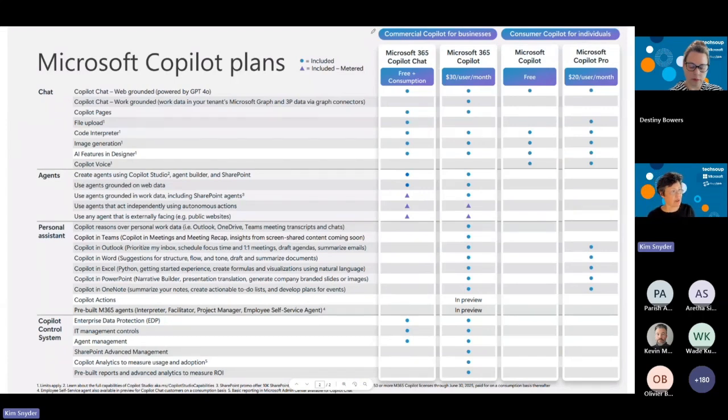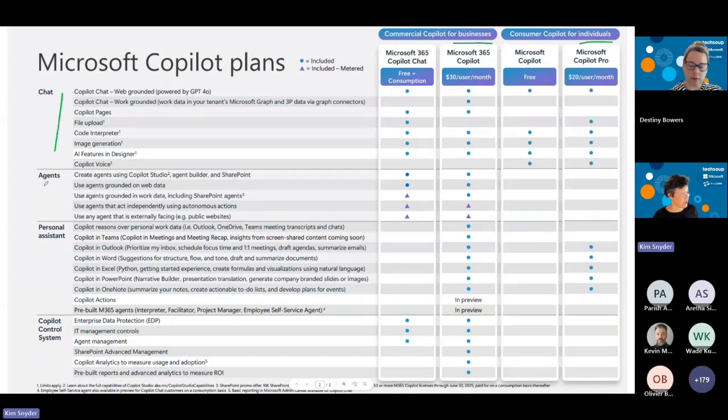Okay, so this again looks at business and individuals. Similar things, but this version shows you the types of capabilities that you have. And Copilot Chat is web grounded, which means that it has access to the web. And it's powered by GPT-4o.